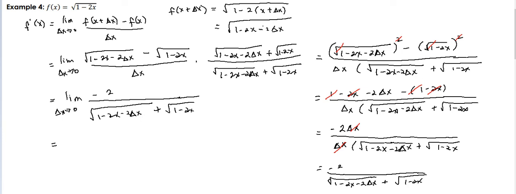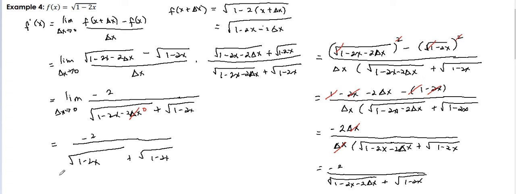So, ito ay isa lang yung ating merong delta x. So, ito ay magiging 0 na automatic. So, we have negative 2 all over square root of 1 minus 2x plus square root of 1 minus 2x.